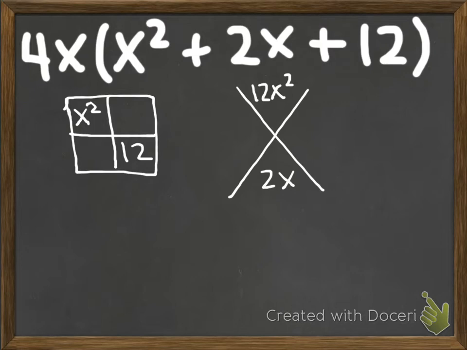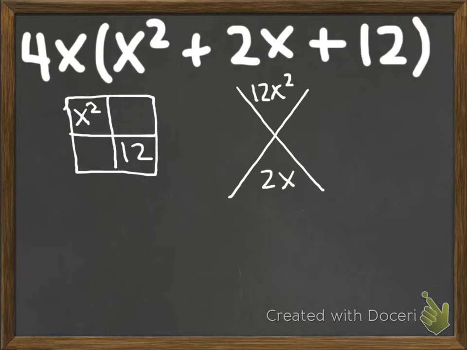Now we can try using the numbers 6x and 2x. As you can see, 6x and 2x can multiply and equal 12x squared, but they cannot add up and equal 2x because they end up adding up to equal 8x. So now we have to try two different numbers.